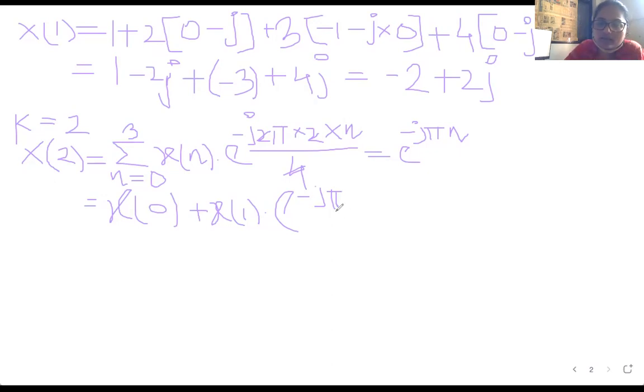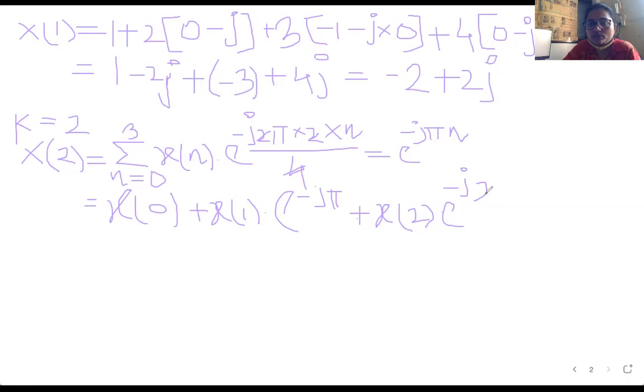The next value of n is 2. So I'm going to write next plus x of 2 multiplied by e raised to minus j, and since the value of n is 2, this is going to be 2 pi.